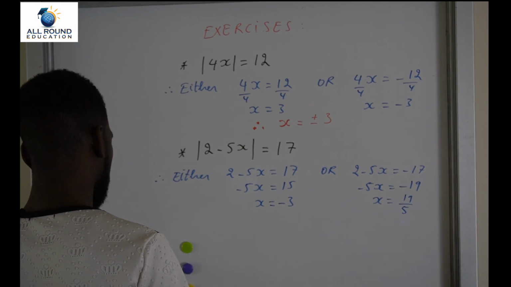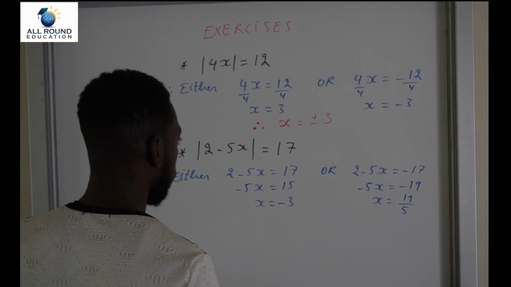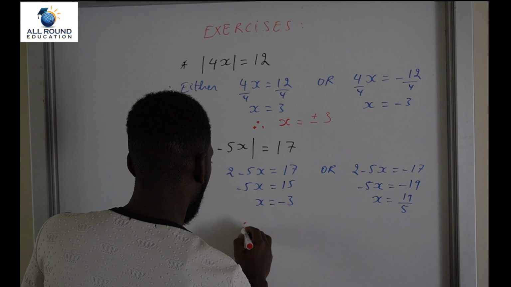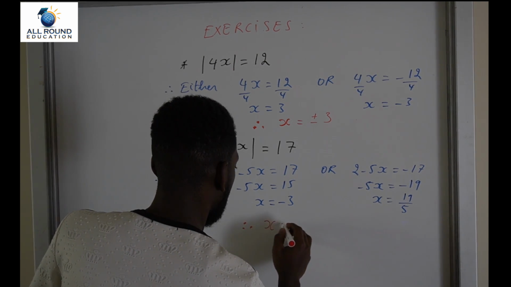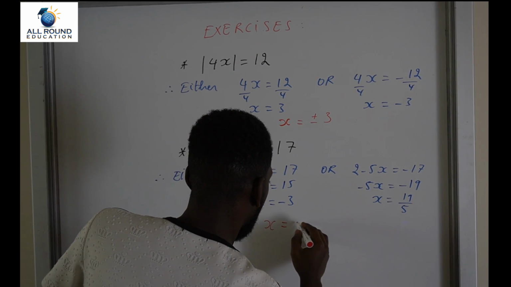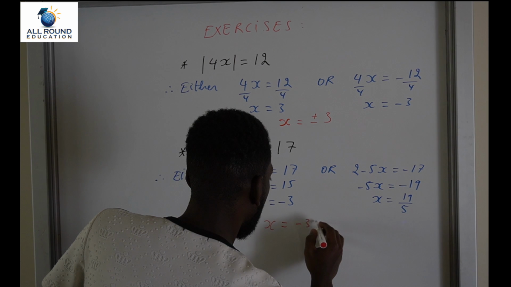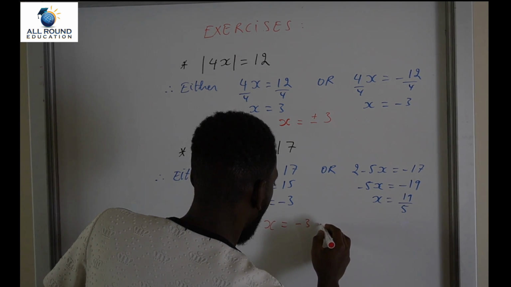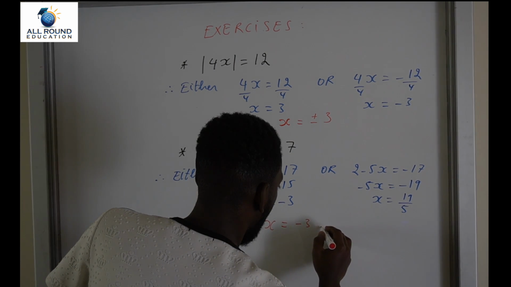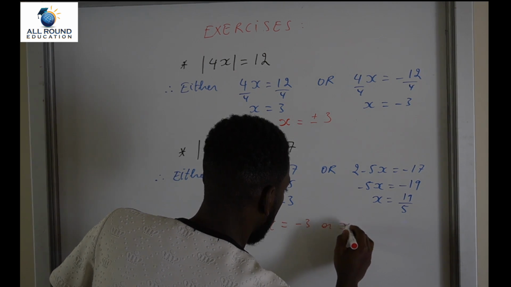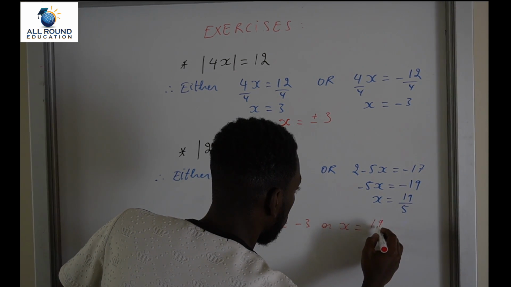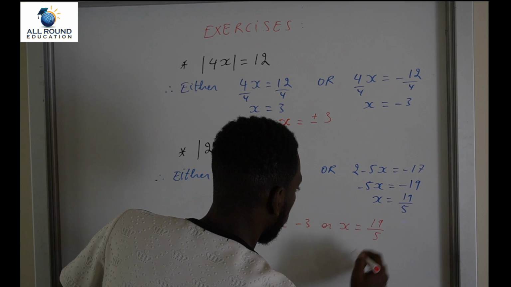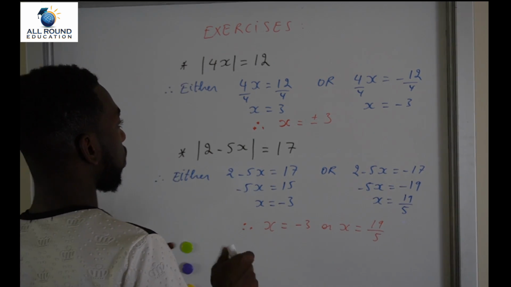So let's write the solution. Therefore, x is equal to negative 3 or x is equal to 19 over 5. So these are our solutions.